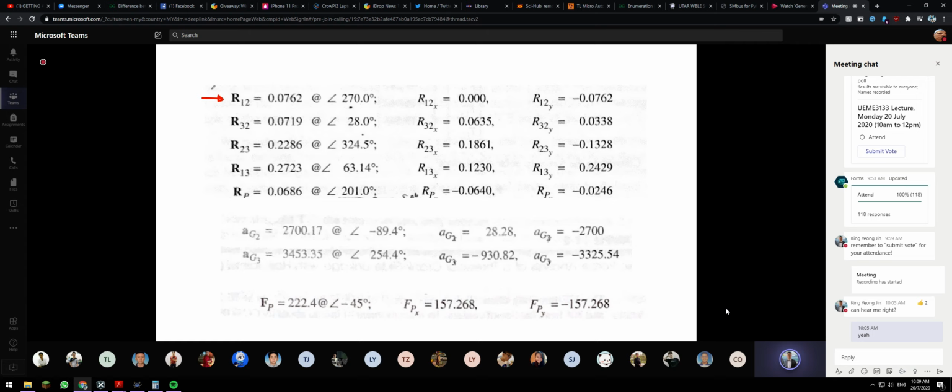So R12 is given as 76.2 mm at the angle of 270. If you calculate it, 270 basically means your Rx is 0. So your R12Y is negative 0.0762.